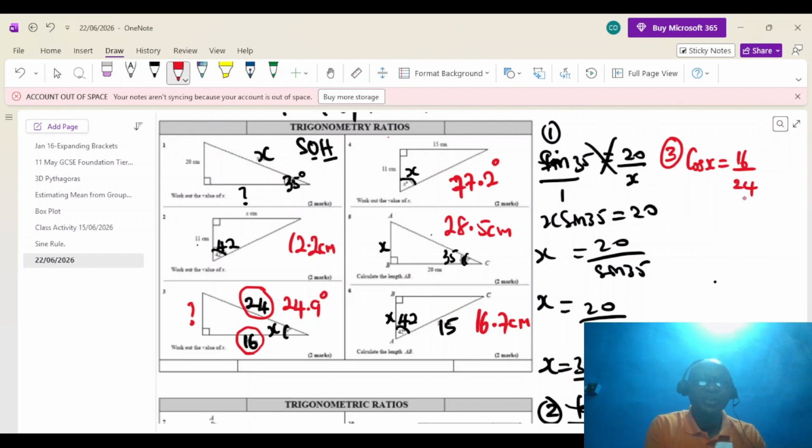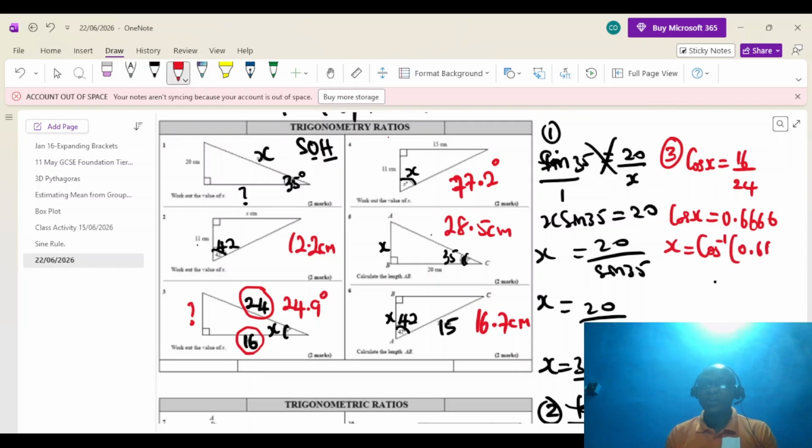I am not using a ratio that involves the opposite because there is no value in the opposite. Therefore, 16 divided by 24 will give me 0.6666 equal to cos x. x alone will now be cos inverse of 0.6666.